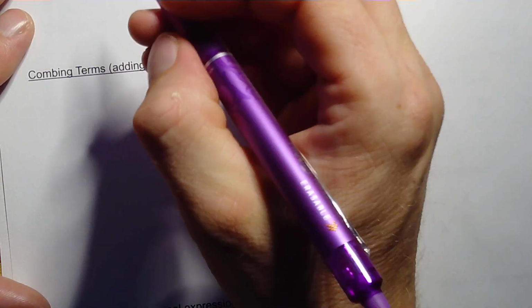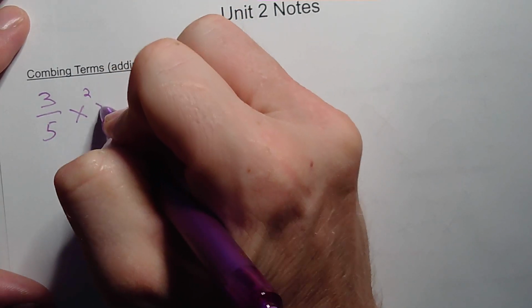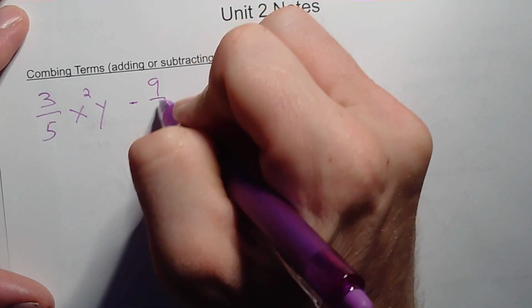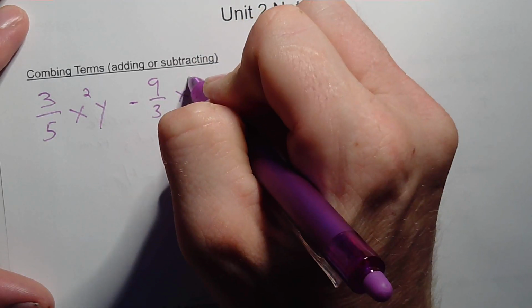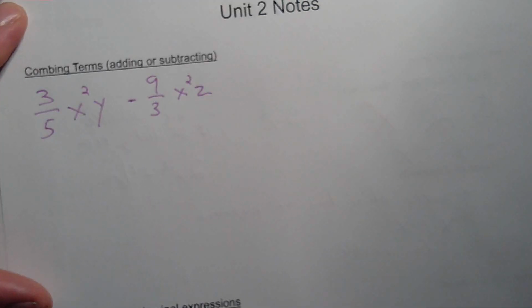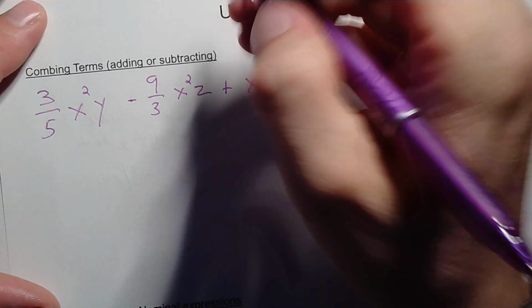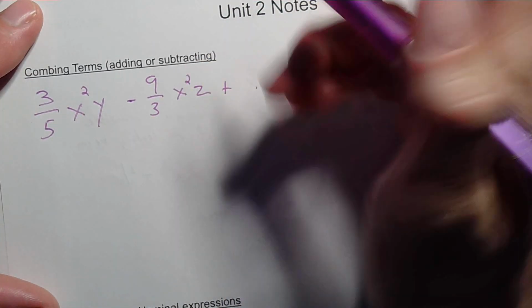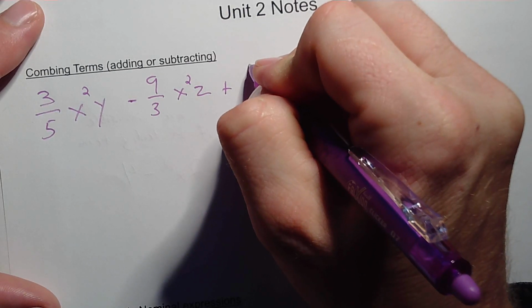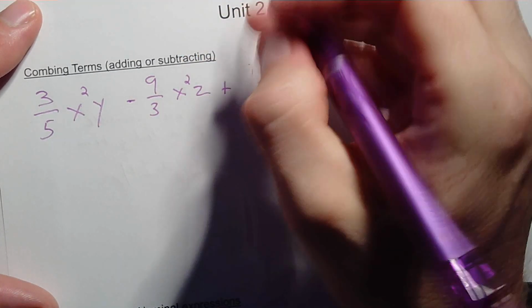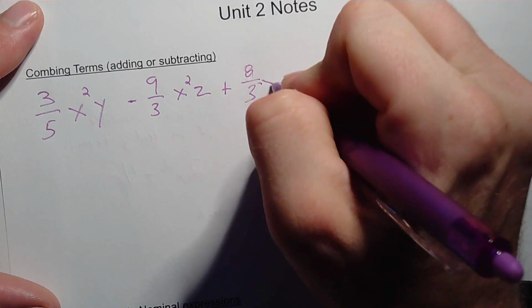So if I have like terms like 3/5 x squared y minus, we'll say, 9/3 x squared z, and then plus, we'll just say, 8/3 x squared y.